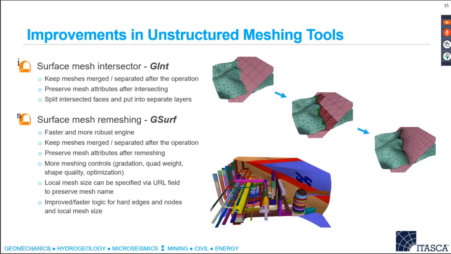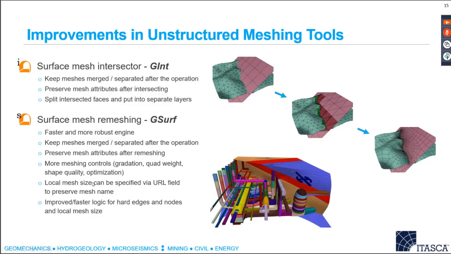With regard to surface mesh remesher, GSurf, first of all, we have a faster and more robust engine. Same as in Gint, we can keep meshes merged or separate after the operation. If meshes are separated, then all the attributes of the meshes are preserved. There are more meshing controls, such as gradation of element size along the mesh, weight on quadrilaterals, shape quality optimization, and you can read about these parameters in the embedded help or in the manual.